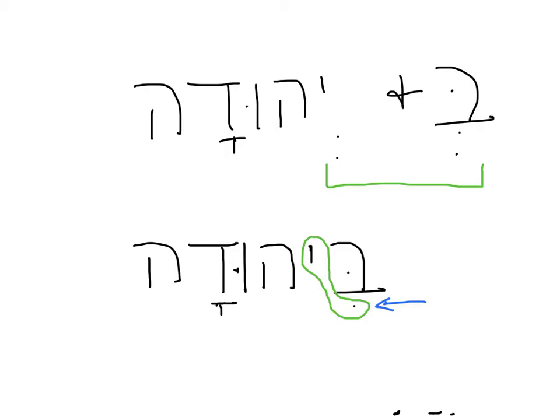So kind of there's a chain reaction that happens in this case. And so to say "in Judah," what we would wind up having then is Bihudah, and that's "in Judah."